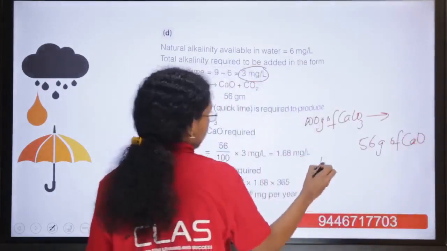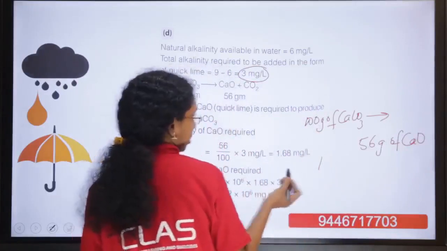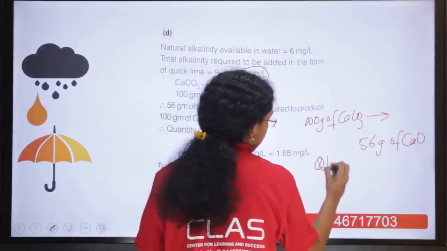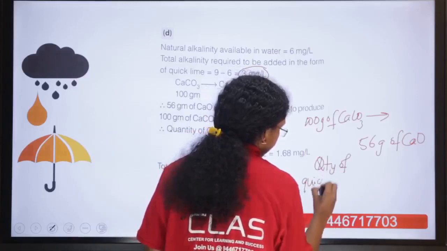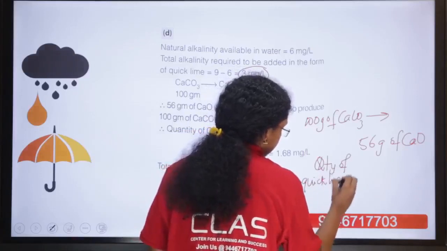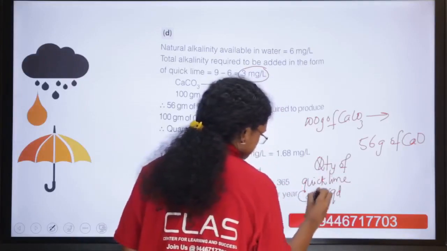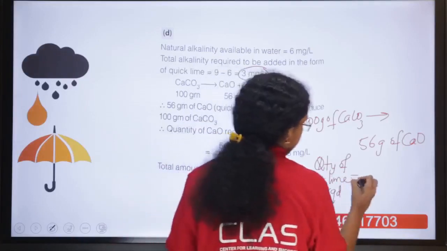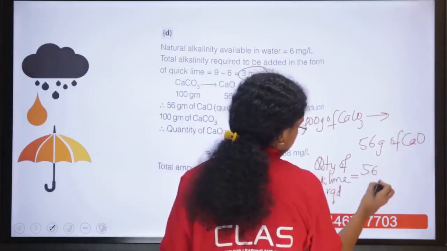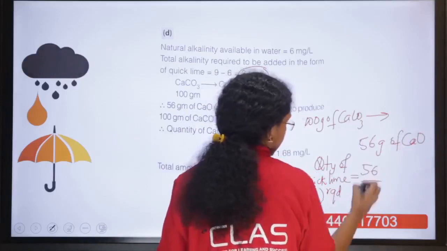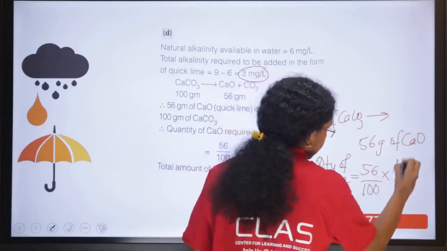So the quantity of quicklime required, quicklime is also known as CaO, is equal to 56, which is the molecular weight of CaO, divided by the molecular weight of CaCO3, 56 divided by 100, into the alkalinity that is deficient.